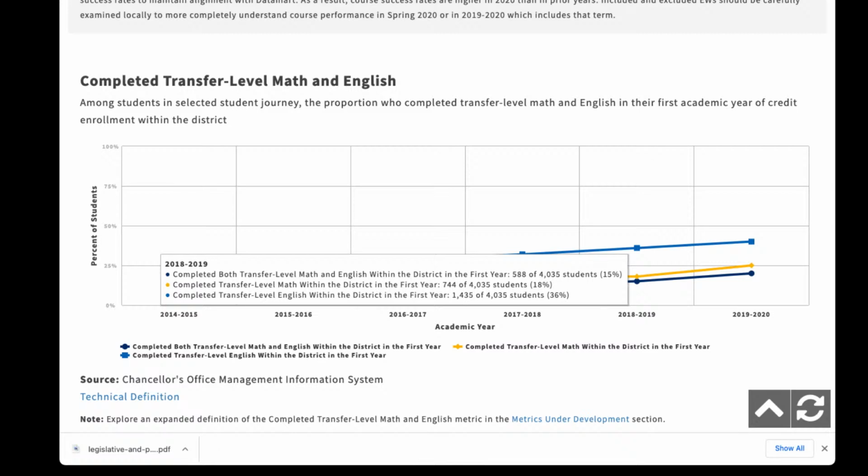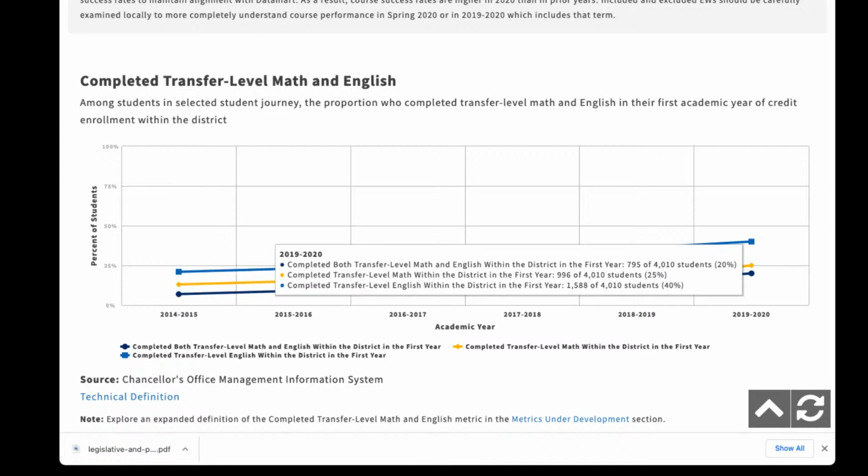It's always higher than math. So 36% of their English students completed English in the first year. And then 18% of their students completed math in the first year. 15% completed both math and English within a first year.